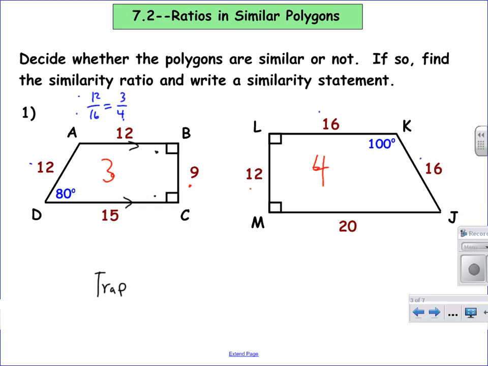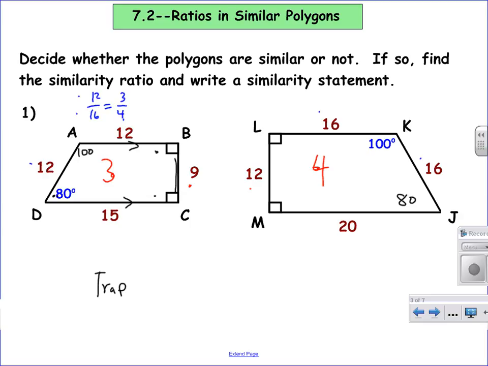I got 180 degrees on the same side of a transversal. So this side I got 80 at D, so I must have 100 at A. And over here in the large figure, this must be 80 down here at J.